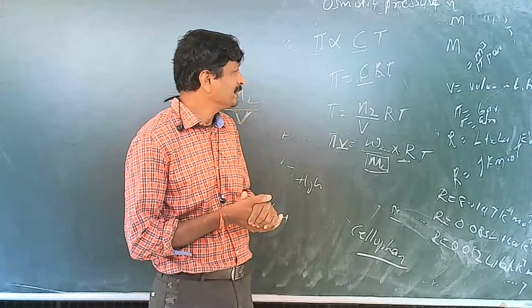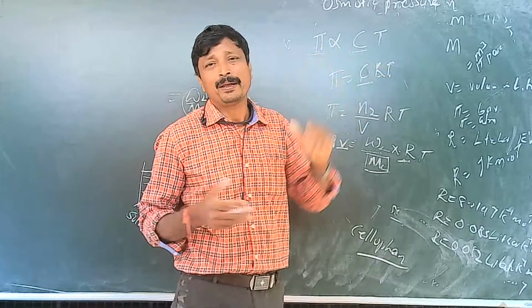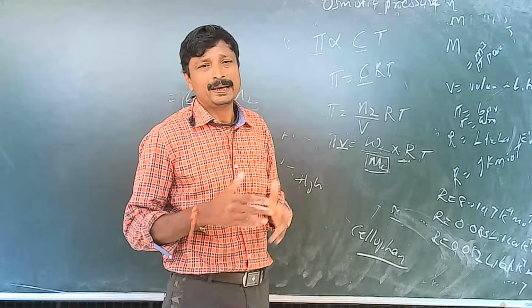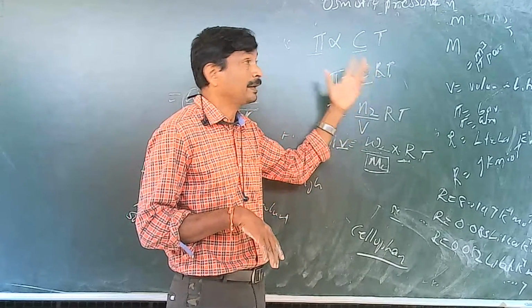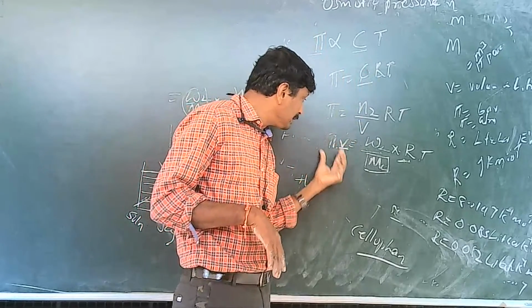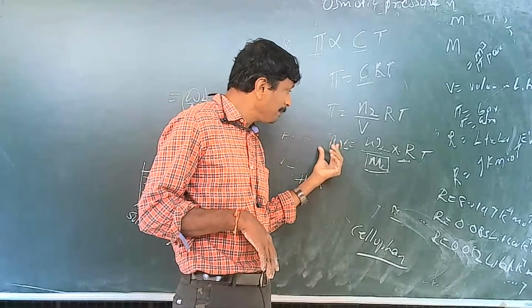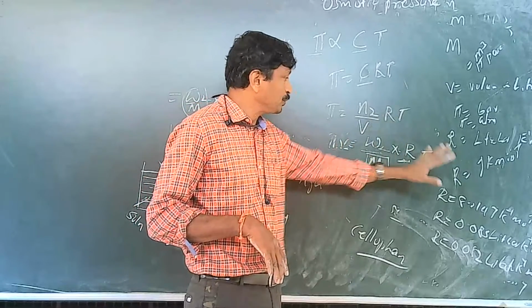Because here we are using molarity, and in the laboratory the calculation of molarity is easier than molality. There they are using molality. One more thing is that we are measuring the osmotic pressure pi at room temperature.